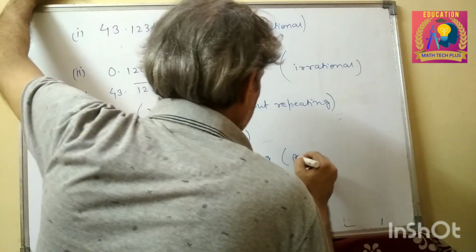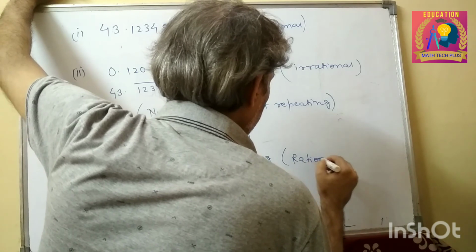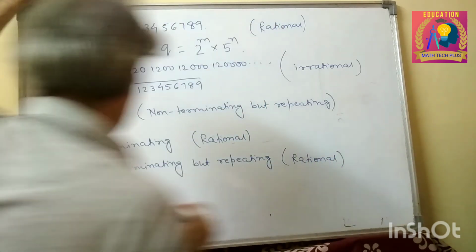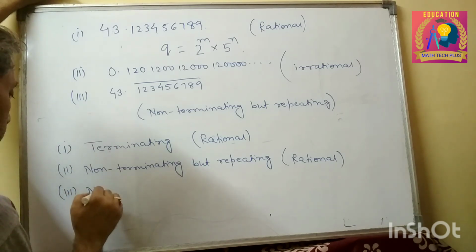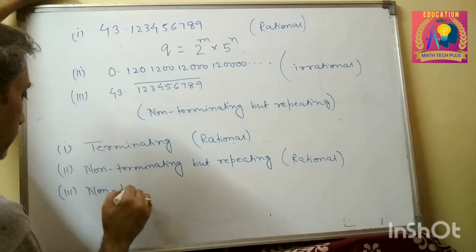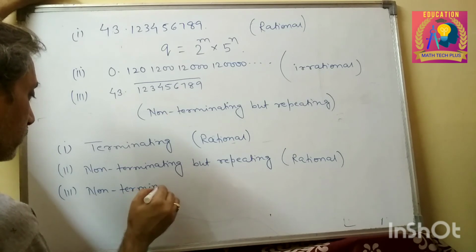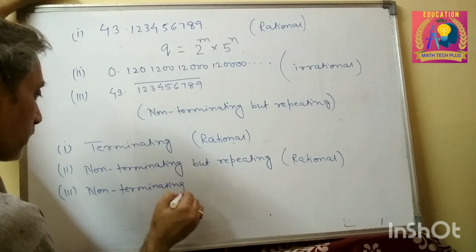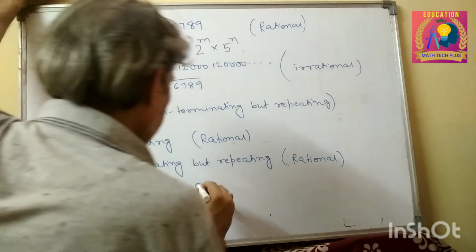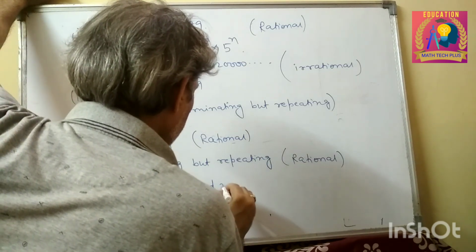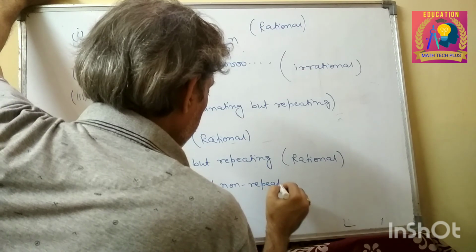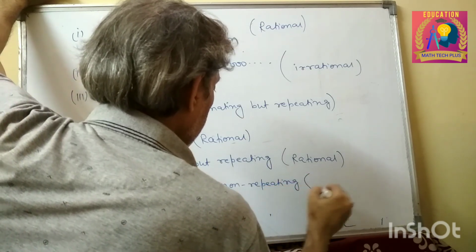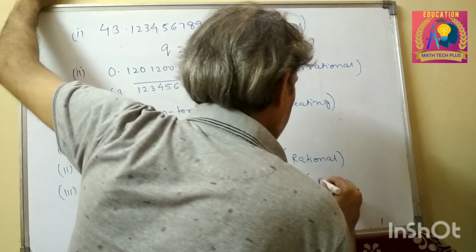Then again it is rational. And third, non-terminating and non-repeating. Then it is irrational.